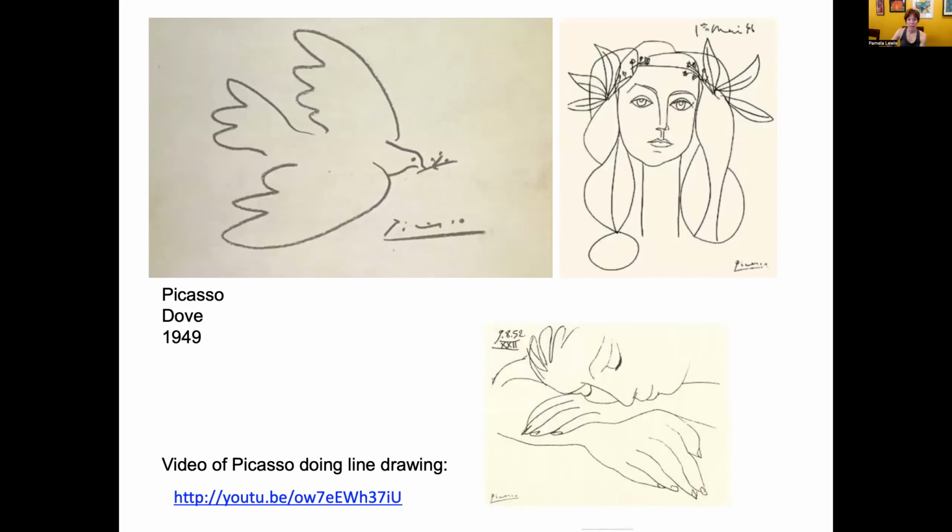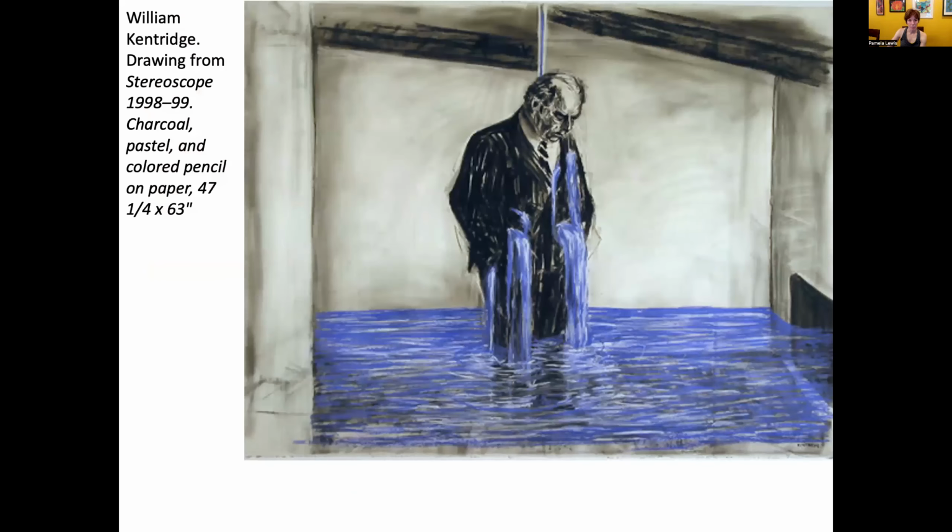Here is a series of Picasso drawings, and you can see a long, sinuous line, curving, but very simple, but describing complex and lovely things. This is a denser series of marks.